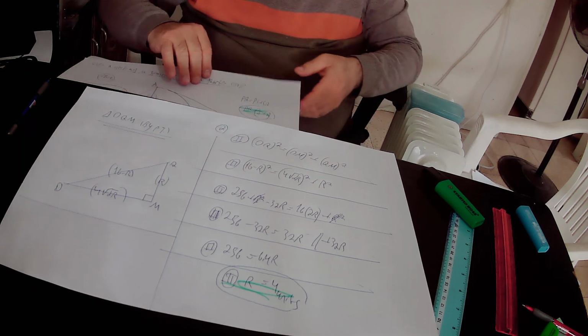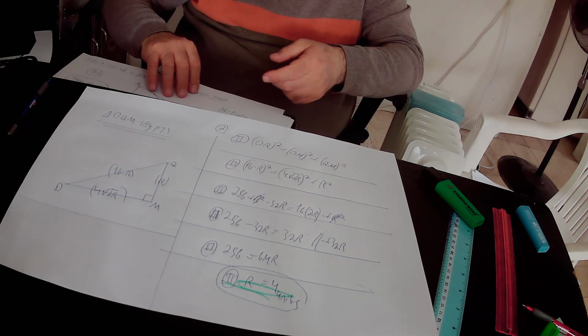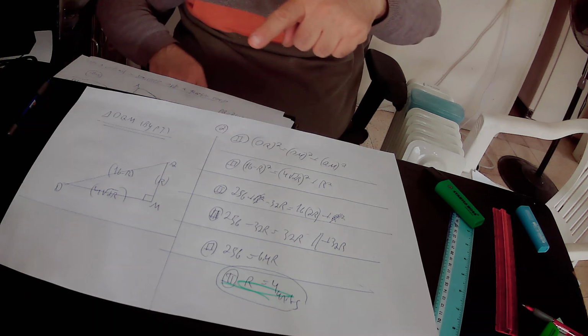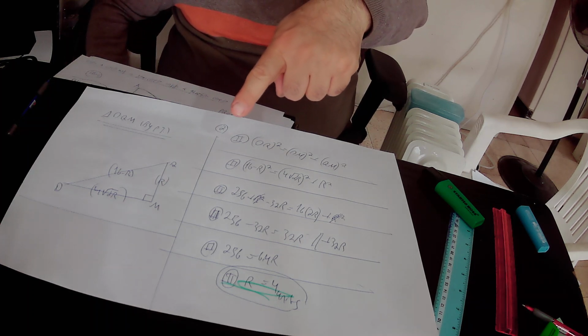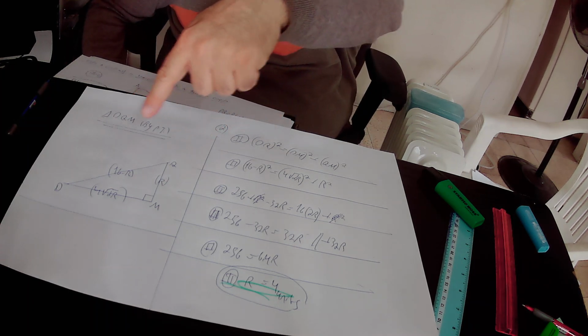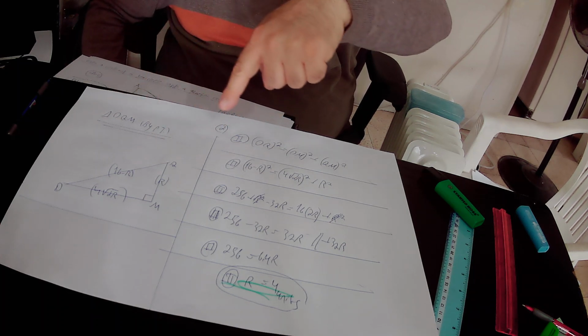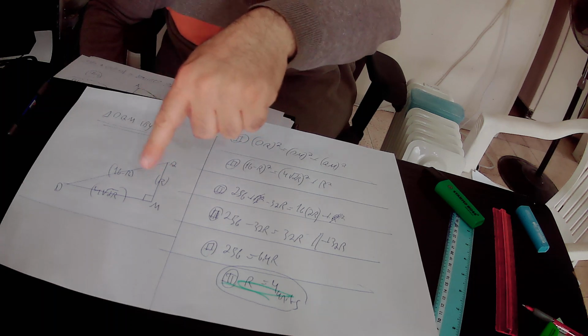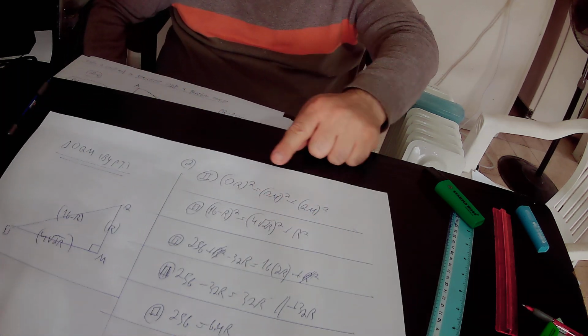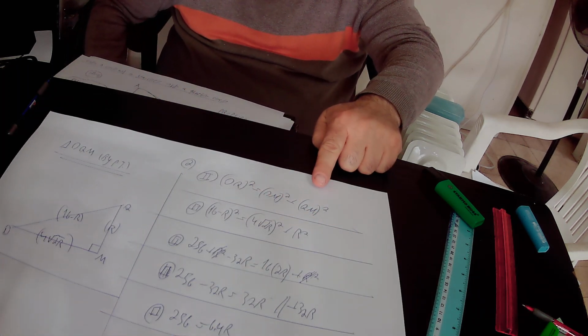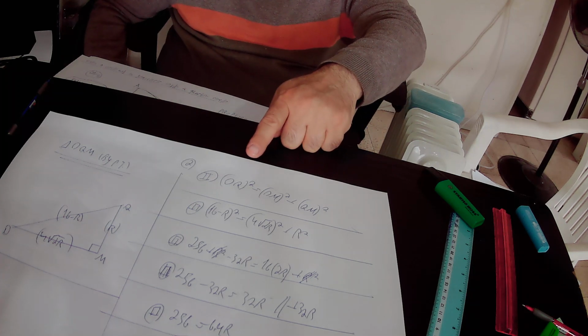According to the Pythagoras theorem, in this right triangle OQM, OQ square equals QM square plus OM square. So OQ is 16 minus R, the hypotenuse.